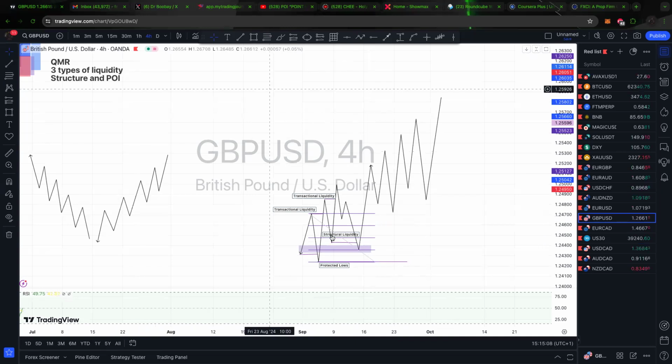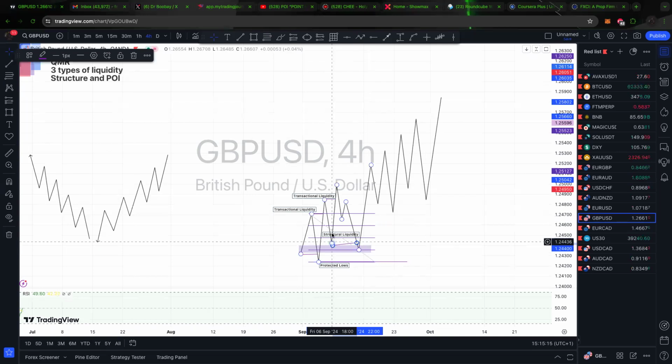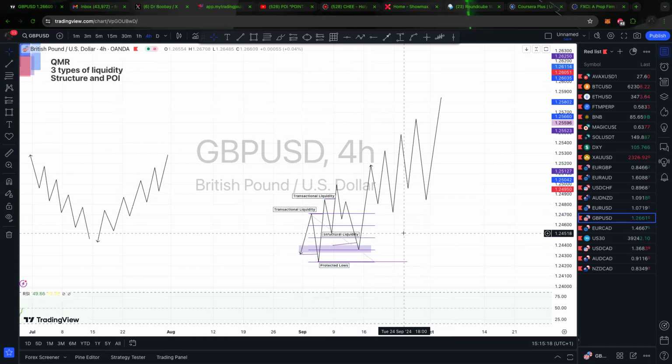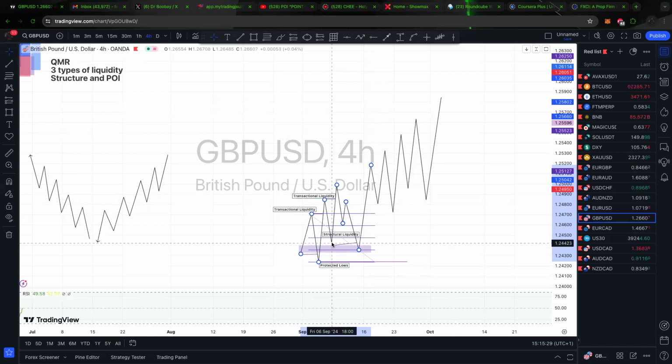If your structural liquidity is above the 50% zone, then you shouldn't look towards it. Forget it until a new liquidity forms in that area. And your structural liquidity must form below your 50%.